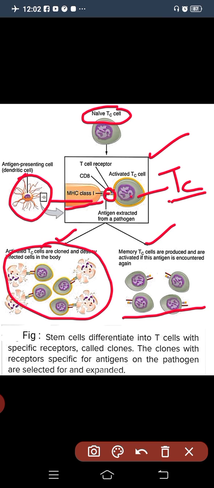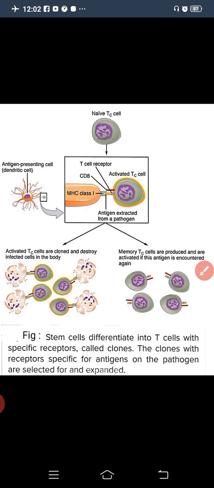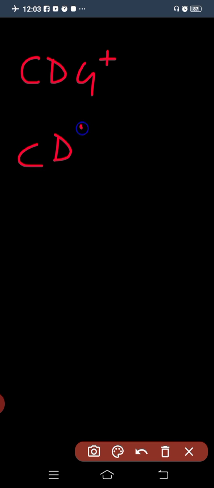Okay, so this is what we have seen, there is a CD antigen, CD4 plus and CD8 plus. It means the presence of this glycoprotein or protein on the surface, of kind 4 or kind 8.